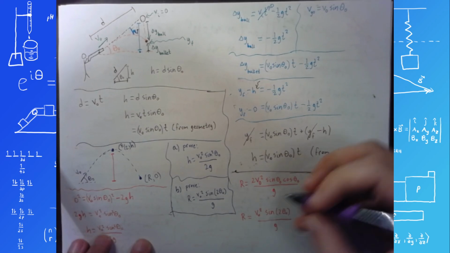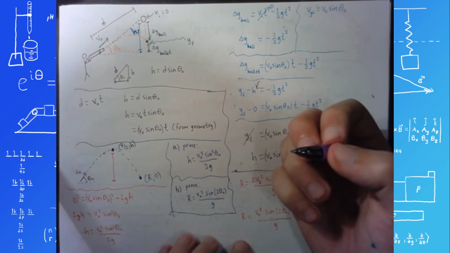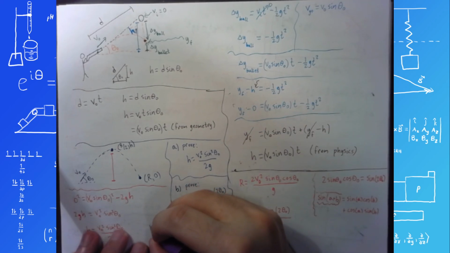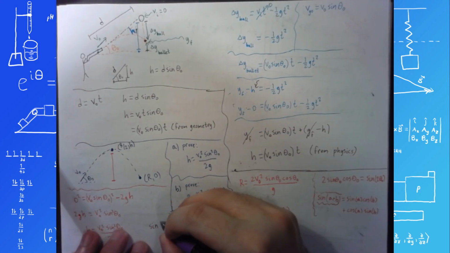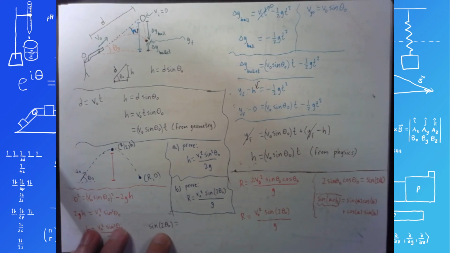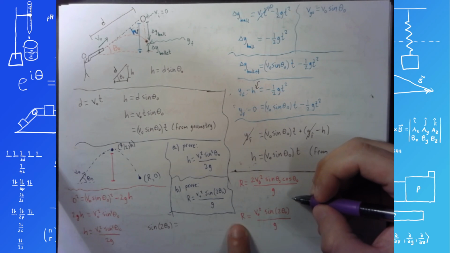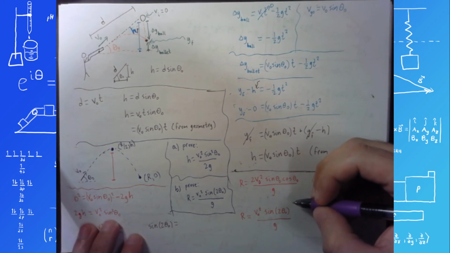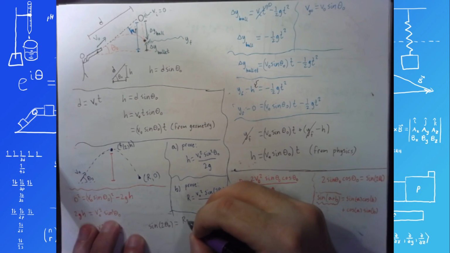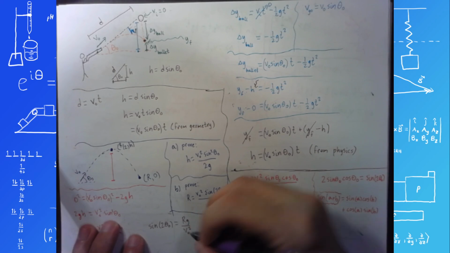Sine of 2 theta. So if I were to solve this for theta, sine of 2 theta equals, I would multiply by g and divide by v0 squared to get sine 2 theta by itself. So it would be rg over v0 squared.